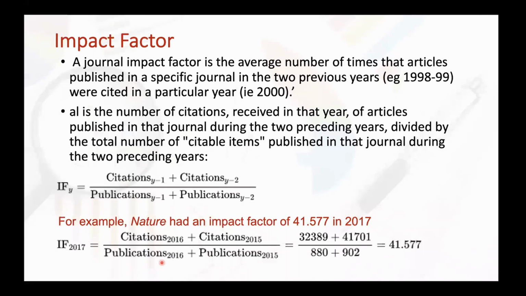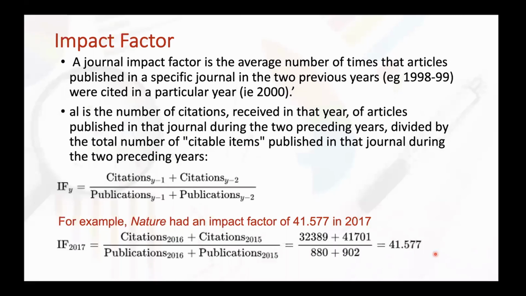That means all kinds of papers, including original articles, letters, short communications, everything, the total number of publications in 2016 and 2015. So all the citations in the preceding 2 years, divided by the total number of papers published in the preceding 2 years, and you will get a value, and that is the impact factor. So this is how the impact factor is determined.